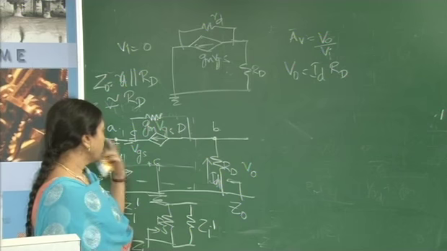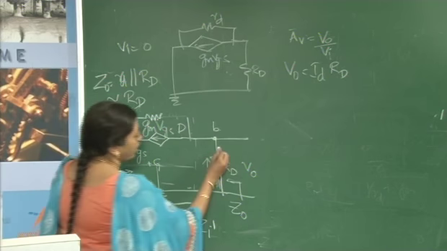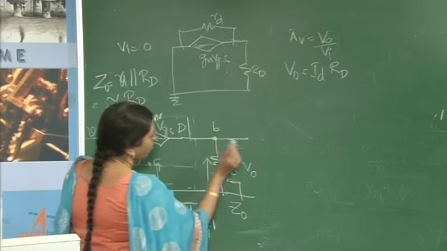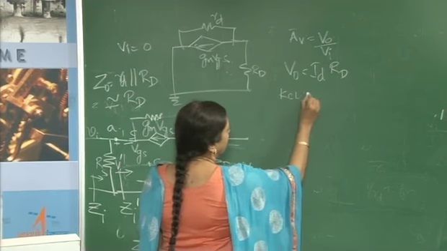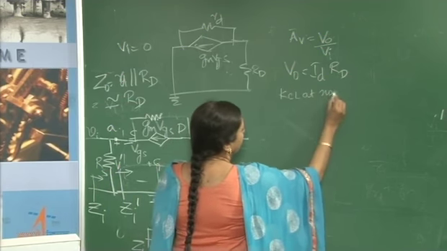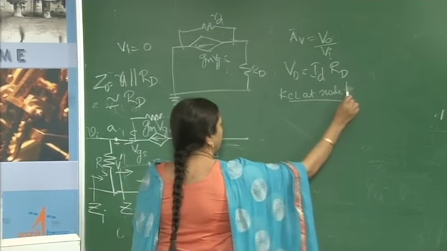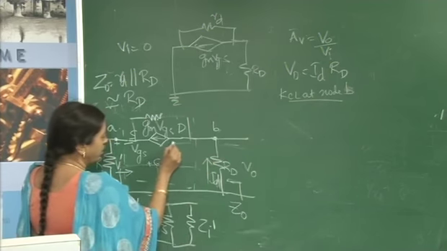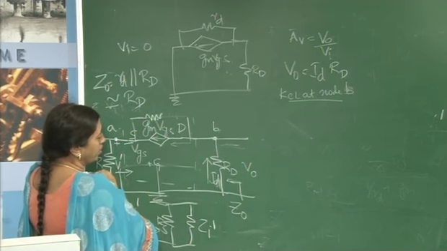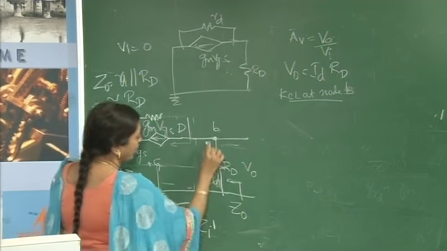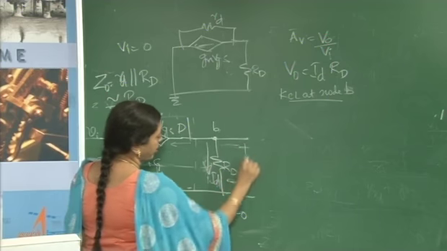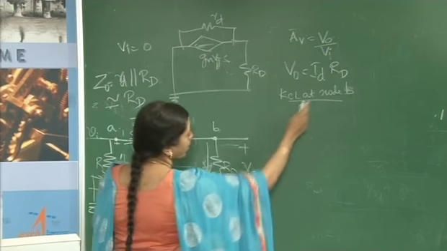So, to do that, we will be applying KCL at node B. That is this node, ID is flowing into it, gm VGS is leaving it, then I'll treat Ird as from plus to minus because we have treated V naught as positive.